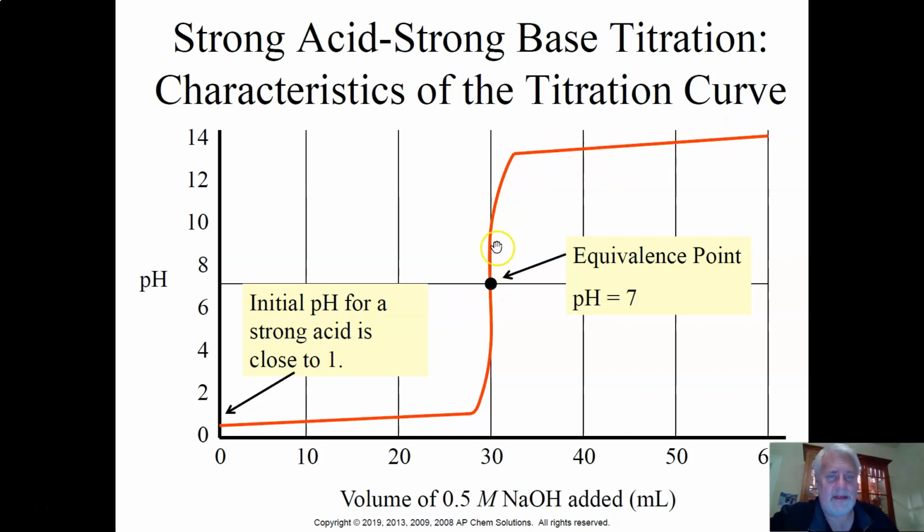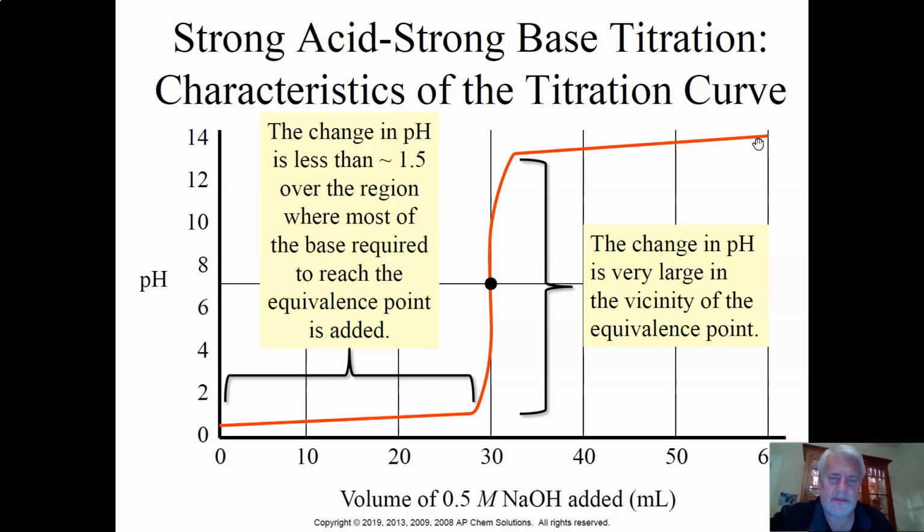Okay? And then you go for a while, it keeps going up and up and up, and then as you get near about 12 to 14, it starts leveling off real nice. That's a titration curve, and that's what you're going to be doing 2 of for Friday. I think we mentioned that was the due date on that. All right.